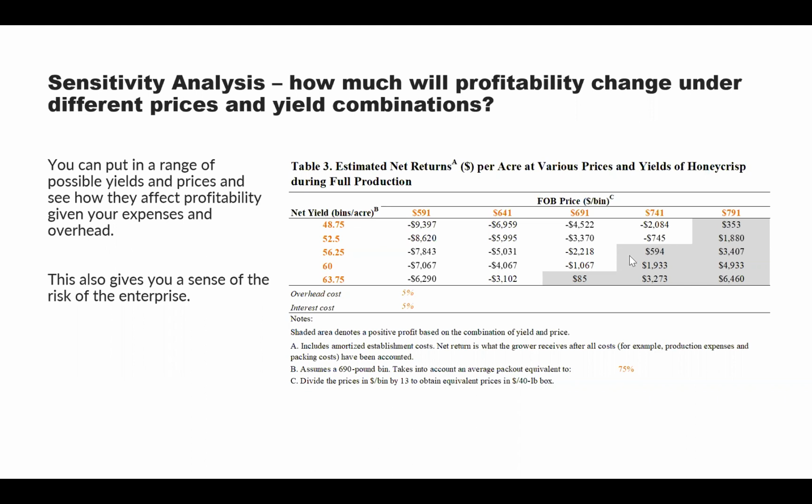You can see with this sensitivity analysis that it's only at a net yield of over 63 bins per acre, and above $691 per bin, that you're actually seeing positive net returns per acre.